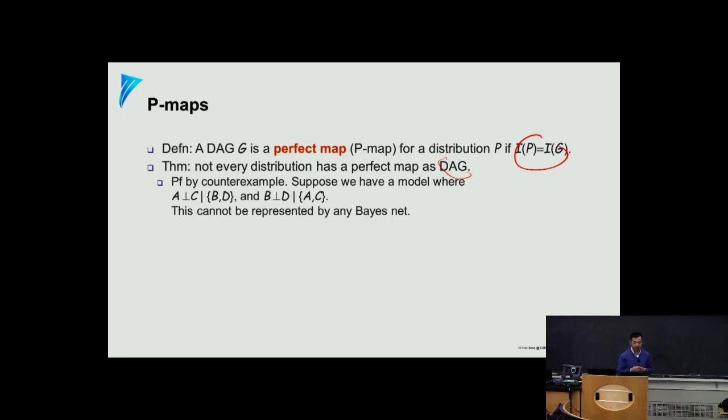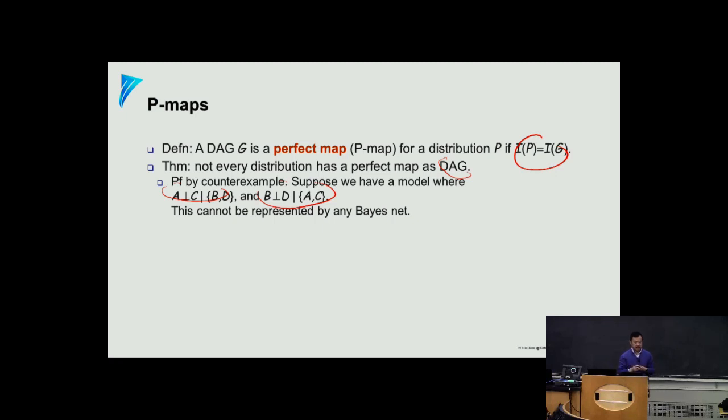Okay, so again, I can give you an example. That's a very, very famous and very, very instructive one. A graph will really correspond to a conditional independence set, right? So I can basically write down these two sets.